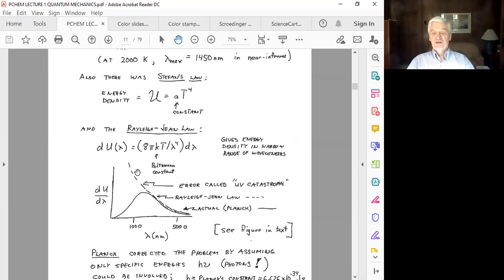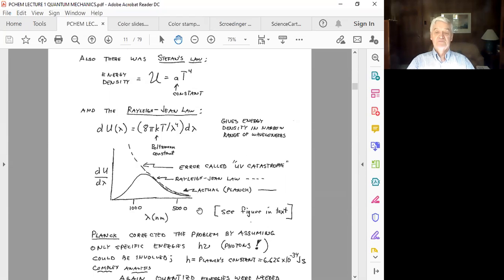So it finally took Max Planck to come along and say this could be explained if you assume energy comes in individual packets called photons. You can't just arbitrarily have any energy you want. You have to have these specific photons flying around.